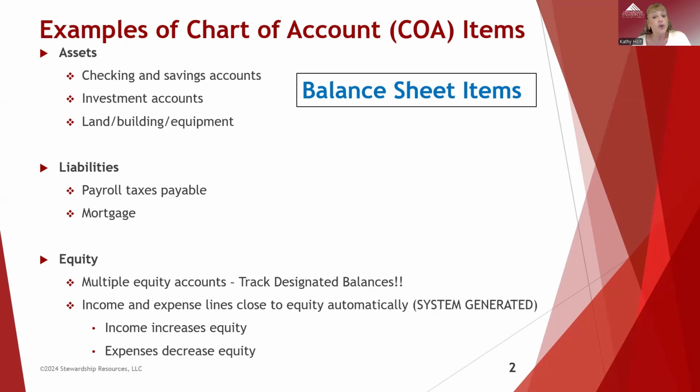The reason this works is because for every income account and every expense account, you get to choose what equity account is affected by those transactions, which means the program will track the balances of all of your designated and restricted funds, and you can get rid of any of those manual Excel spreadsheets or other manual ways that you've been having to track those up until now.